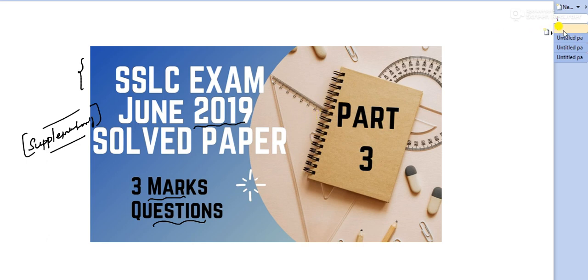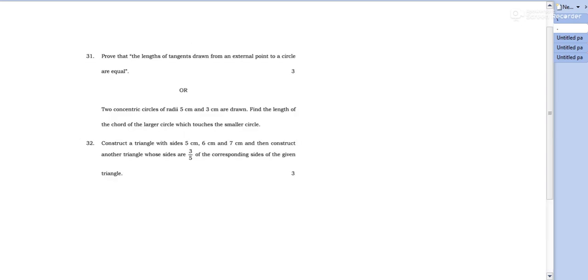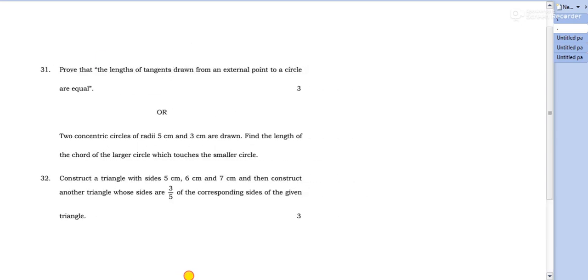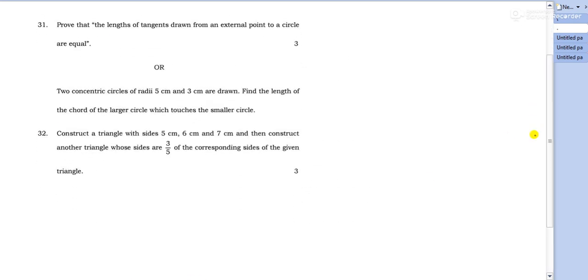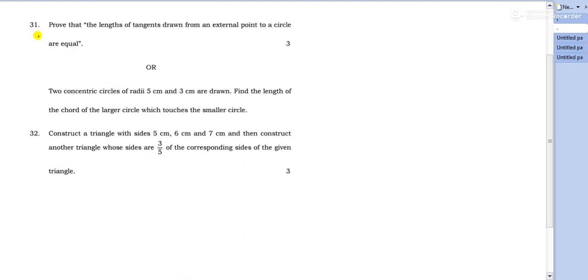So you can see, without wasting much time on the introduction part, let me directly come to the questions. You can see this question. This has appeared in all the 3 mark sections of 2019-20 supplementary as well as previous main exams. Correct?